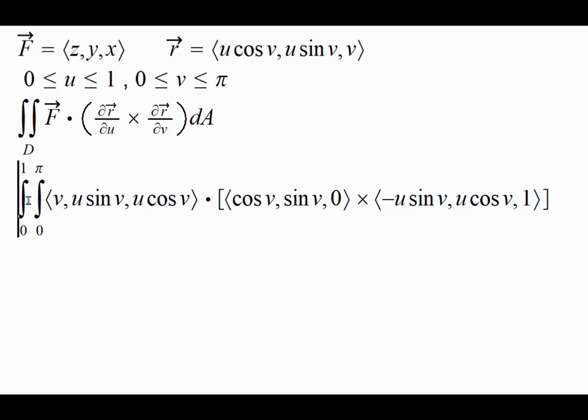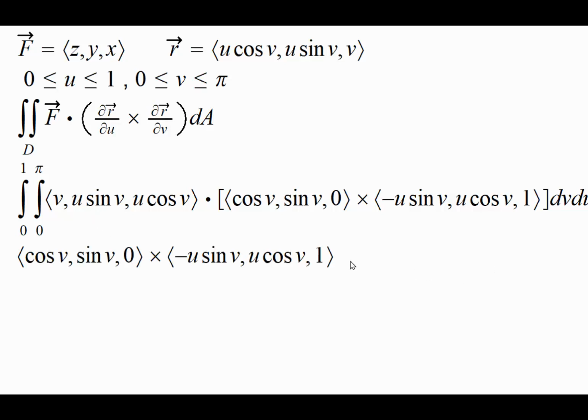Let me assume the equal sign here. Then we have 0 to pi as the limits of dv, and then du. This is what we are going to work with. So let's compute this part.